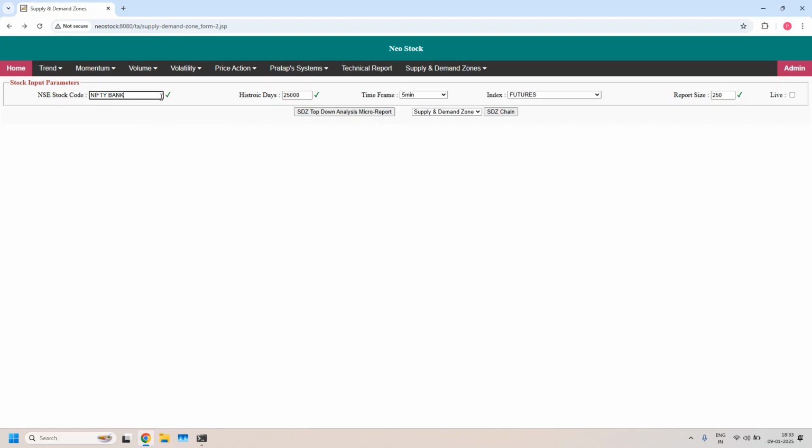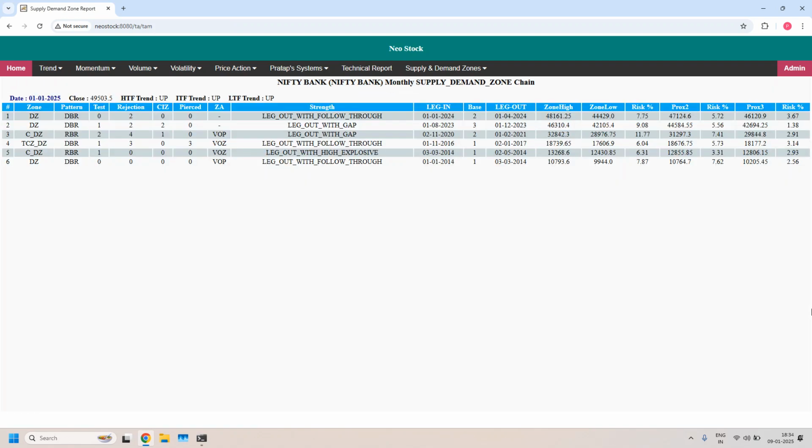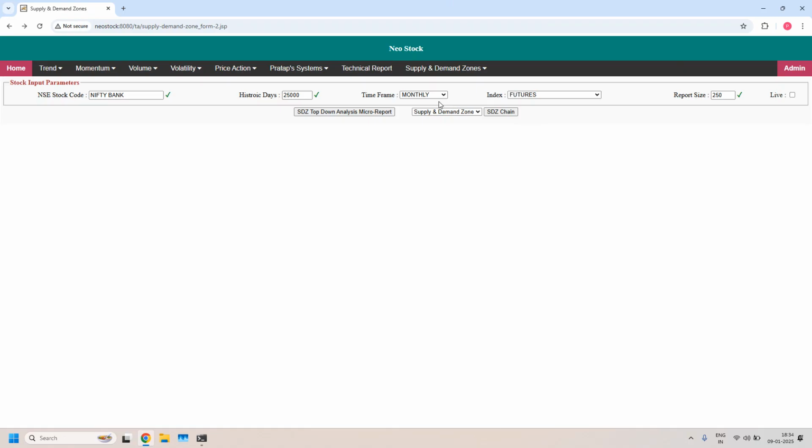I'm generating monthly supply demand zone chain for Bank Nifty. Next, weekly supply demand zone chain for Bank Nifty.